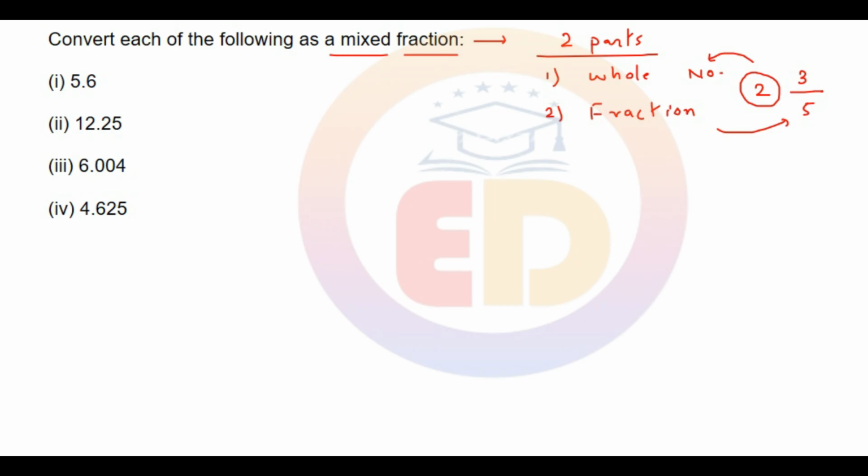We have to convert these decimal numbers into a mixed fraction. Let us take the first example, 5.6. In 5.6, 5 is the whole number part, so leave it as it is. 0.6 is the decimal part. Let us convert 0.6, which is the decimal part, to fraction.